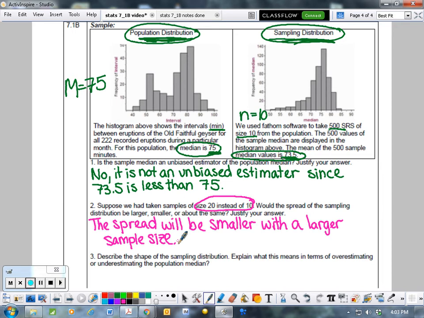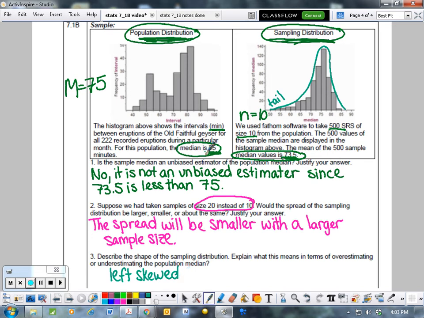Describe the shape of the sampling distribution. Back to our sampling distribution, let's look at that shape. It's obviously skewed, and our tail's over here, so it is left skewed. Does that mean that we are overestimating or underestimating the population median?